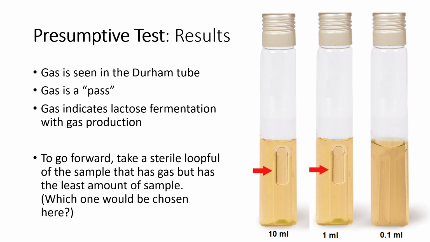I hope you understand that. So in the presumptive test, the only way to pass is with gas. Gas is the pass. So this last tube, the 0.1, that's a fail. There's no gas there.